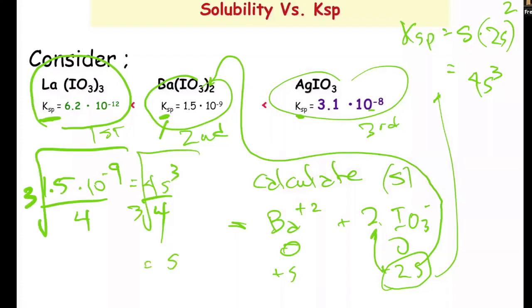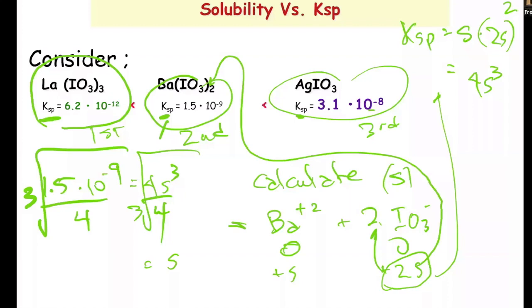So if we take 1.5 times 10 to the minus 9, let me get my calculator real quick. I'm going to punch in 1.5 to the negative 9 and divide that by 4 first, and then take the cube root of that. Cube root, not the square root, but the cube root. And how do you take a cube root? You raise that answer to the 1/3 power.